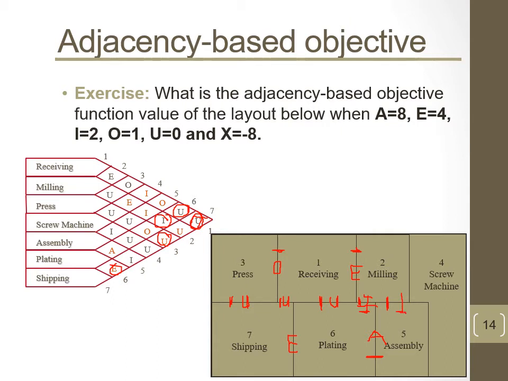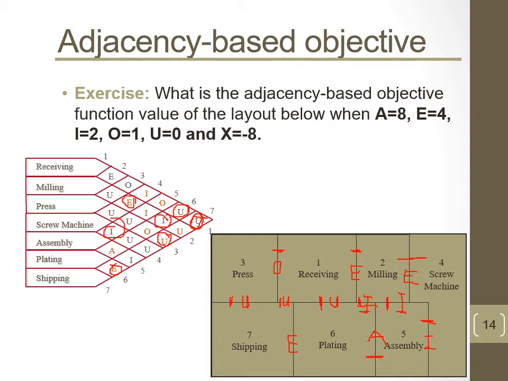Okay. 2 and 4 share a border, and 2 and 4 have an E relationship, especially important. Okay. And 4 and 5 share a border, and 4 and 5 have a relationship of I, important.